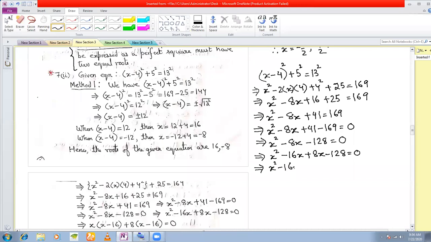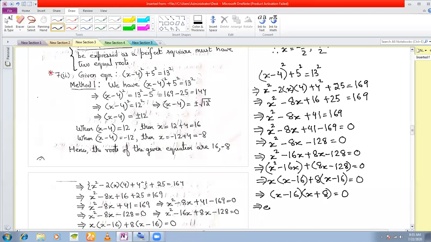Group the first and the second, group the third and the fourth. Now take the HCF. Now you take out the common factor, x minus 16.